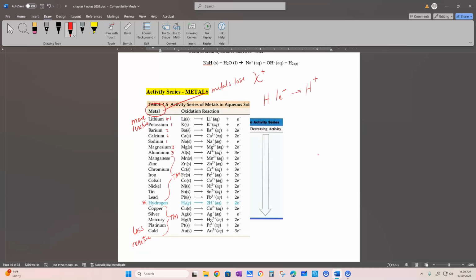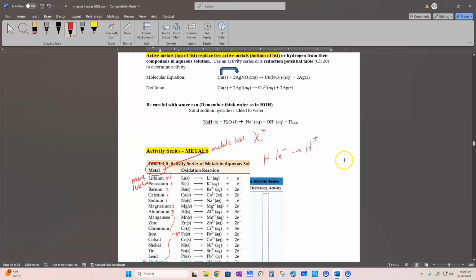Hydrogen in a balanced equation always acts like a metal because it loses that one electron. So that's the reason why hydrogen's here. Notice also you don't see any nonmetals. This is only the activity series for the metals. So how does this play out? Well, let's look at this copper one. Metals on top replace less active metals on the bottom.